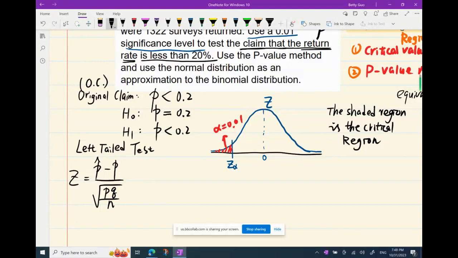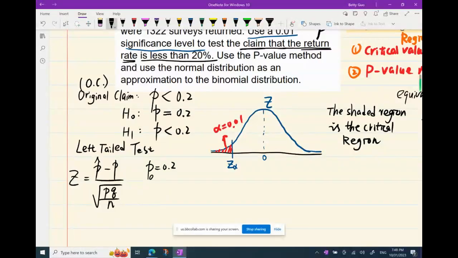It seems very complicated, but p we know. P here is the population proportion. Of course, we don't know the exact value, but the original claim is that p is less than 0.2, so p here is the proportion in the claim. P is going to be 0.2.